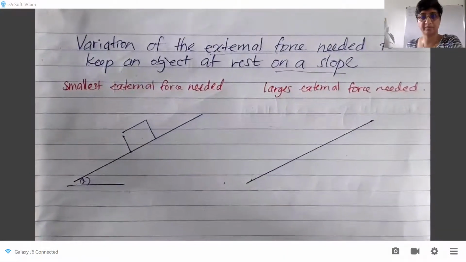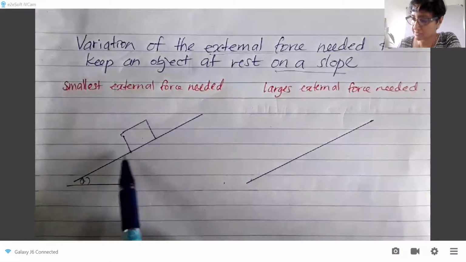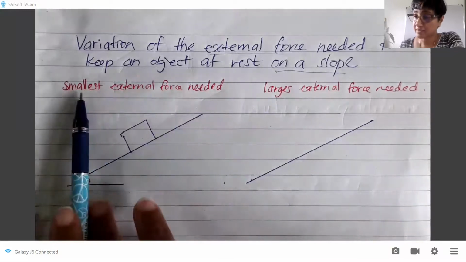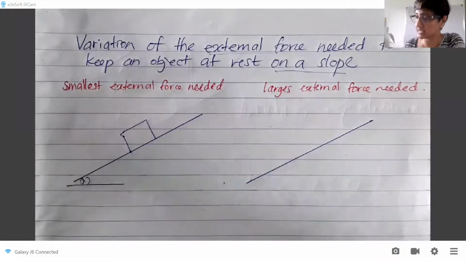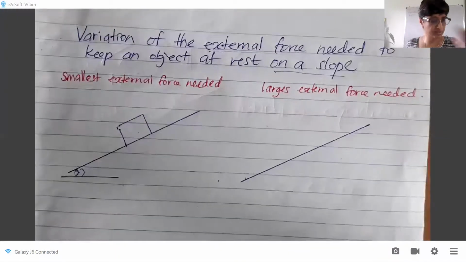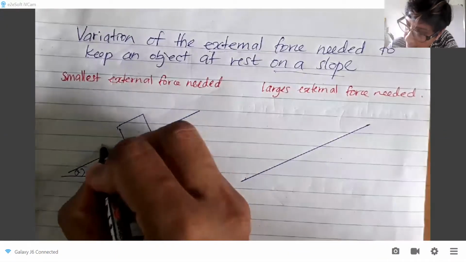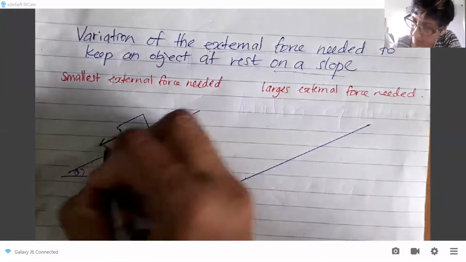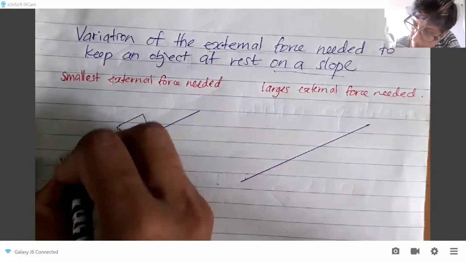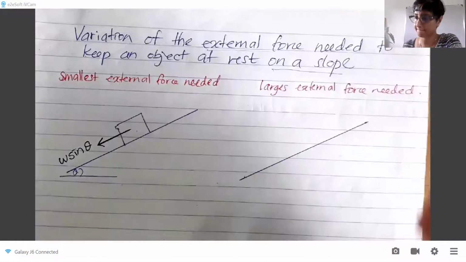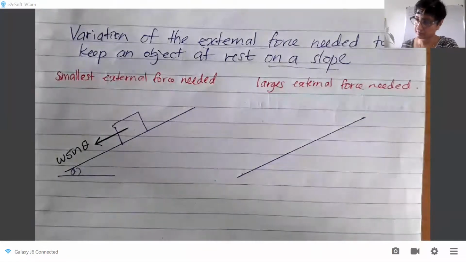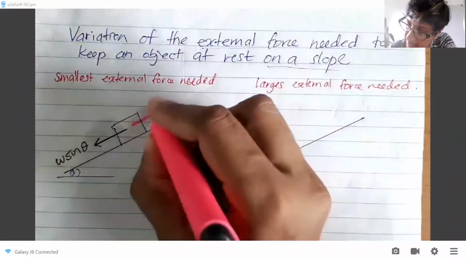I hope you are drawing with me. So in the first diagram, I'm showing you how the forces would be when the smallest external force is needed. I will use different colors for the forces. I am only showing you the horizontal forces. Here's the external force.